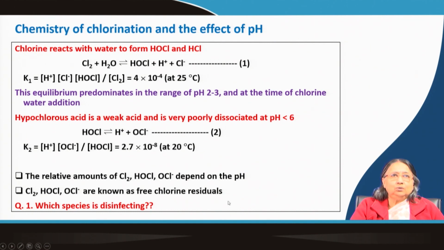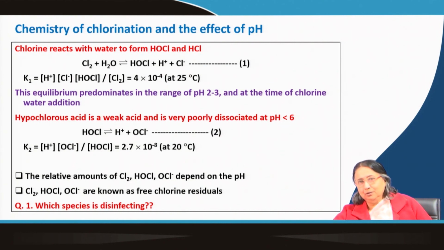Now, the question is that among these three, which are all called free chlorine residuals, which species is actually disinfecting: chlorine or HOCl or OCl minus. Actually all three are disinfecting agents, but HOCl is very efficient. I will learn more in the environmental microbiology part, how it is killing the bacteria and all.